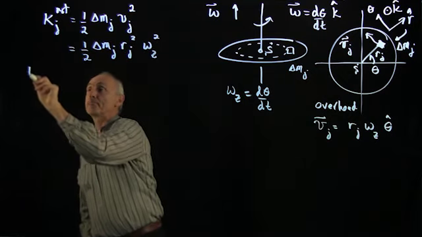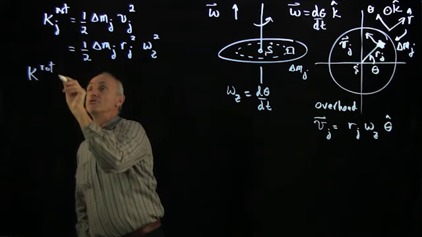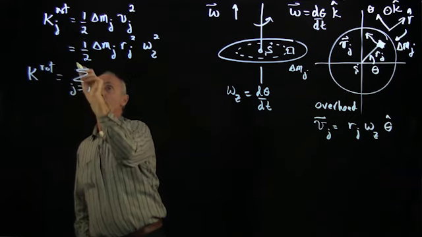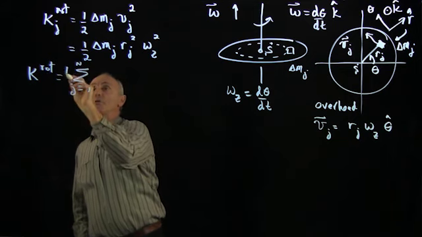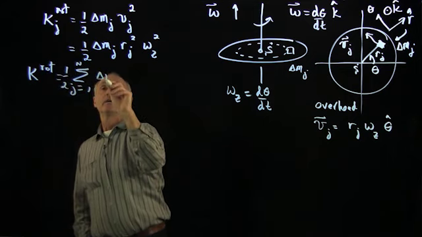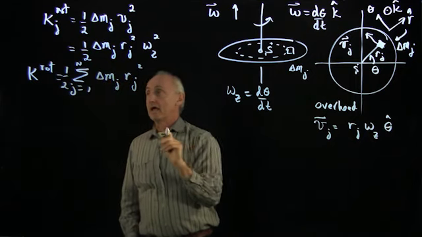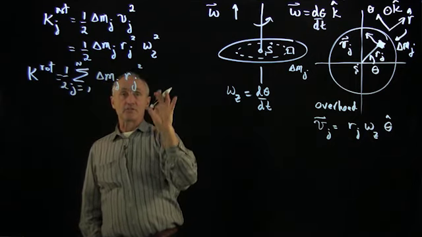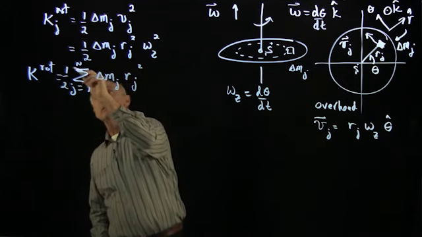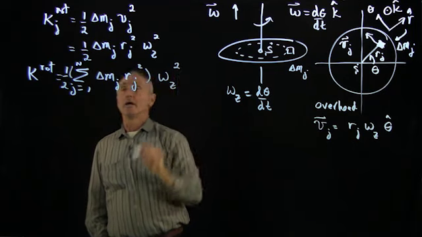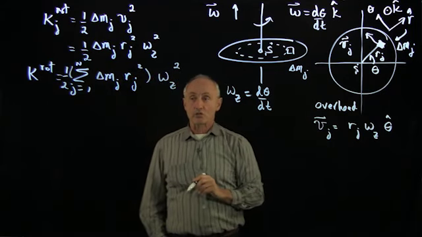So the total rotational kinetic energy is the sum over j from 1 to n of, let's put the half outside, 1/2 times delta mj rj squared. Now again, recall that every element has the same omega z, so I can write parentheses omega z squared. And that's our rotational kinetic energy.